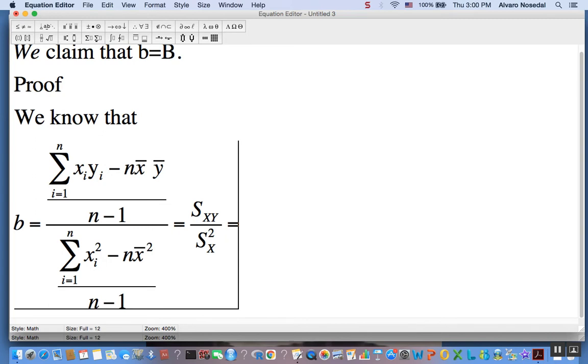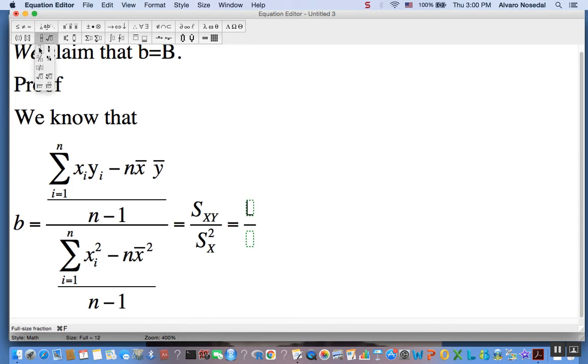Now, another thing that you should note is that the definition of the sample covariance is this.